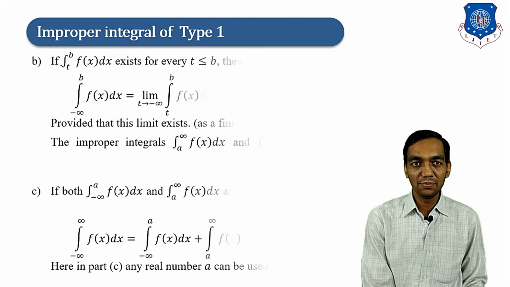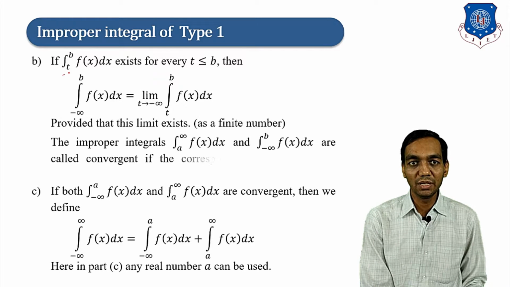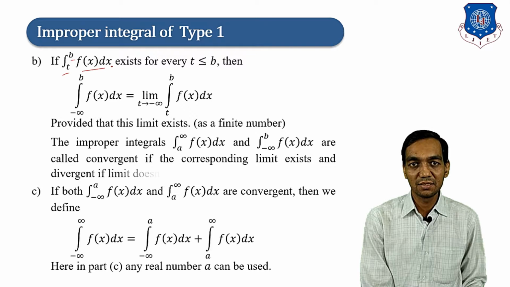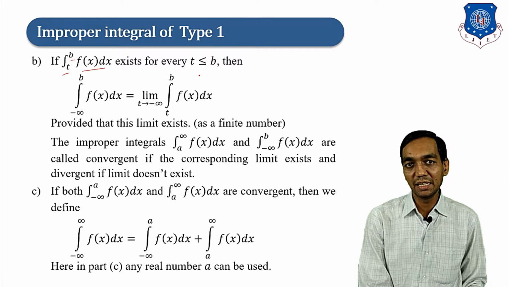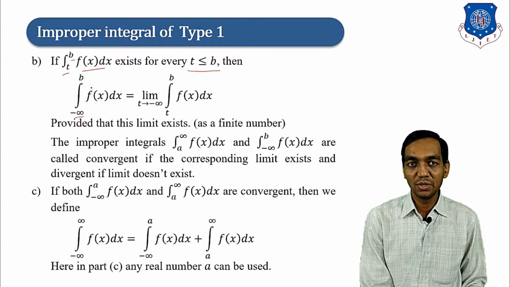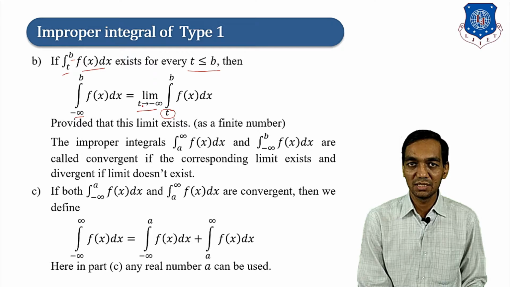Second part, if the integration from t to b f(x) dx, where the function is defined for all t less than b, then your integration from minus infinity to b f(x) dx is written in the form of limit t tends to minus infinity, and infinity will be replaced with t where t tends to minus infinity.